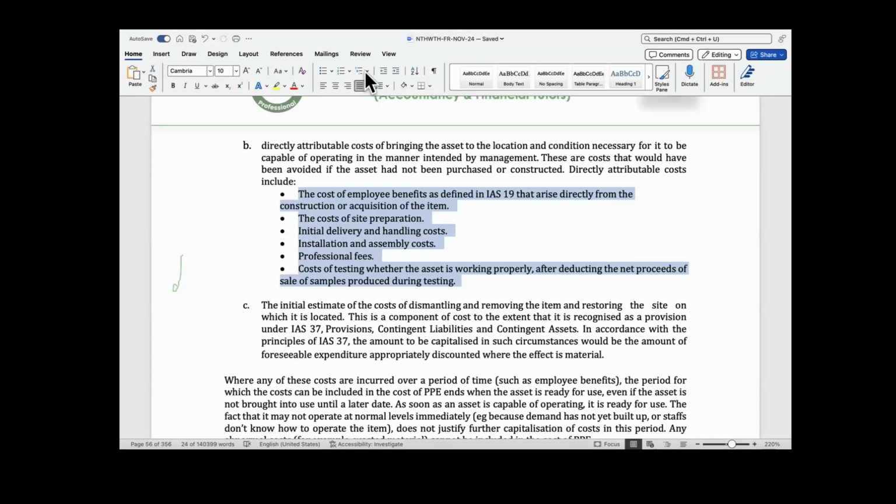So it qualifies as cost of testing. So whatever the output from there, whether scrap or whatever money you have made as a result of selling that, you use it. Don't go and put that as income, because it's either you put it as income or you use it to reduce your costs. Either way, they have the same impact, right? So use it to reduce your costs. It meets the definition of what we are talking about: net proceeds from sales of samples.